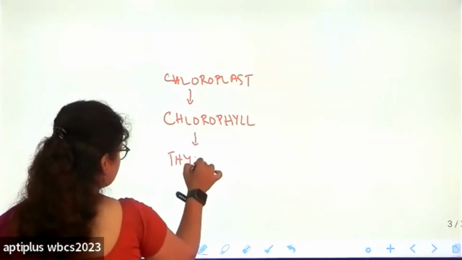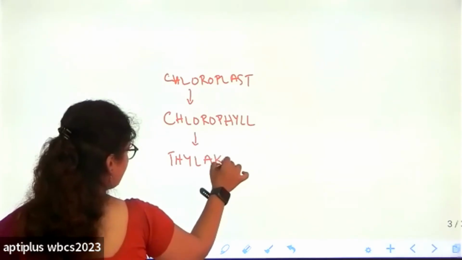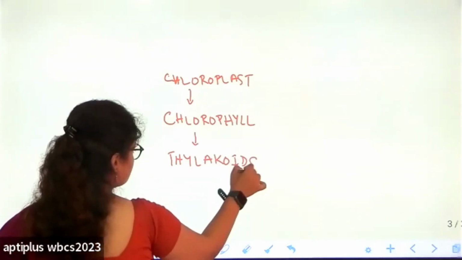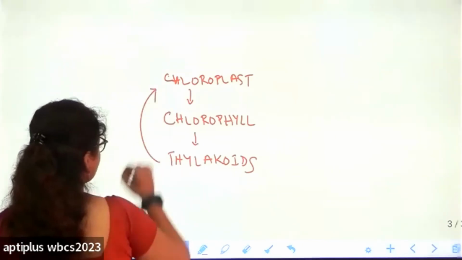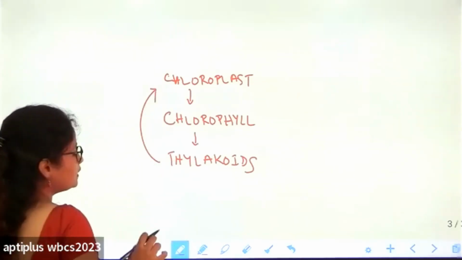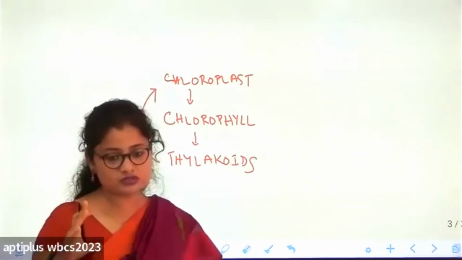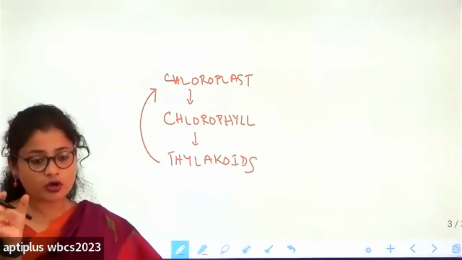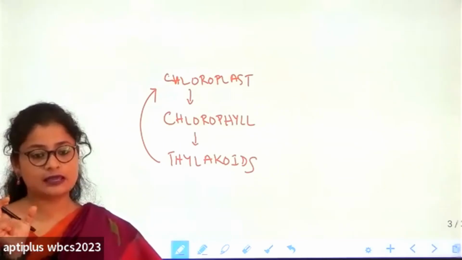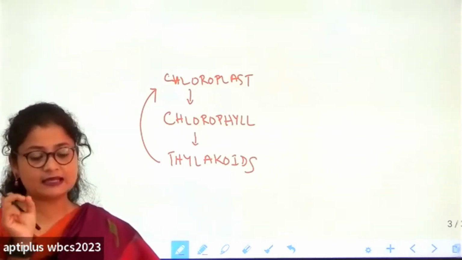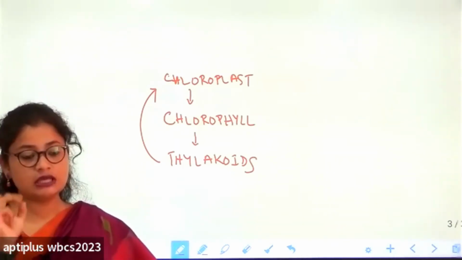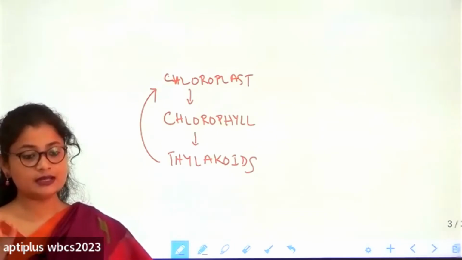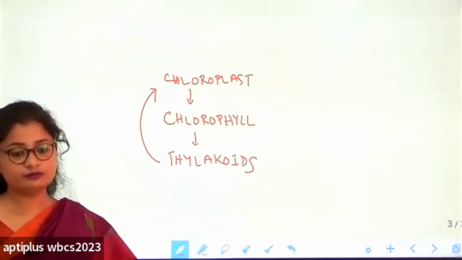Okay, and these thylakoids are actually an integral part or component of chloroplast. These thylakoids look like a stack of coins. Each of those coins will be known as a thylakoid. Each of those sac-like or coin-like structures will be known as a thylakoid, and inside those thylakoids chlorophyll will be produced.